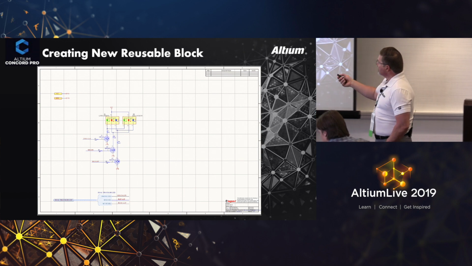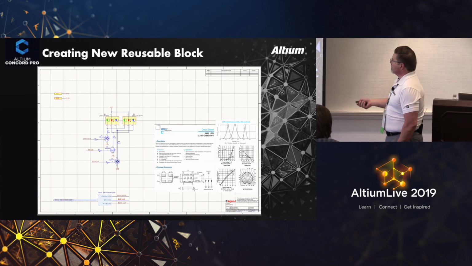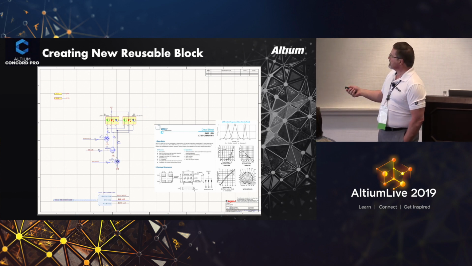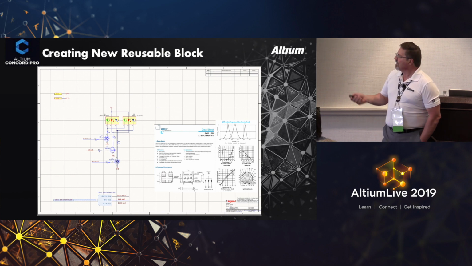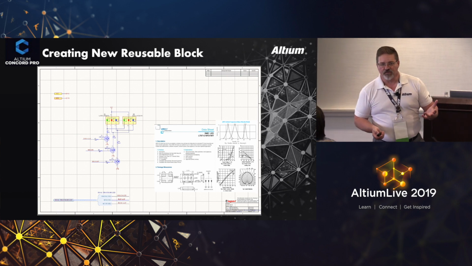Along with the reusable block, we actually put information about the parts that we're using. This is the data sheet front sheet for the tricolor LEDs, and some waveforms. We've also put test points information on there.